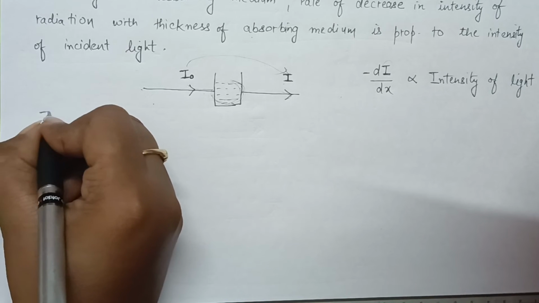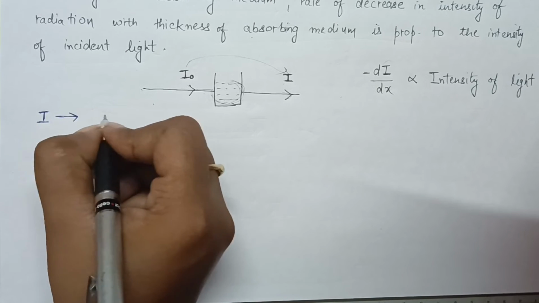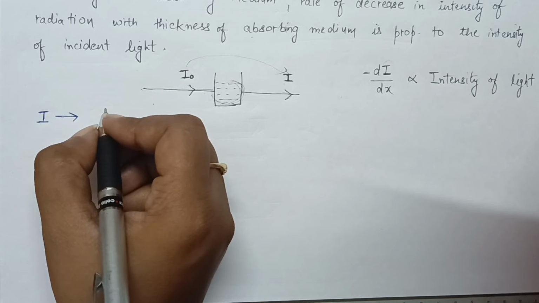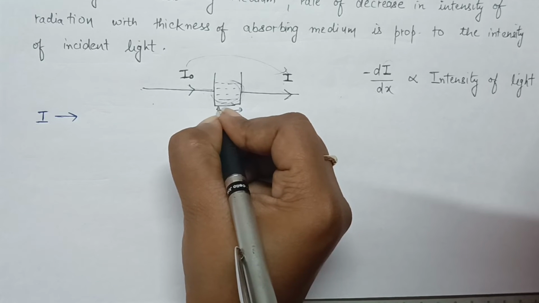Now let's suppose we have some terms. The first term is I. I will be the intensity of radiation after passing through the thickness x.